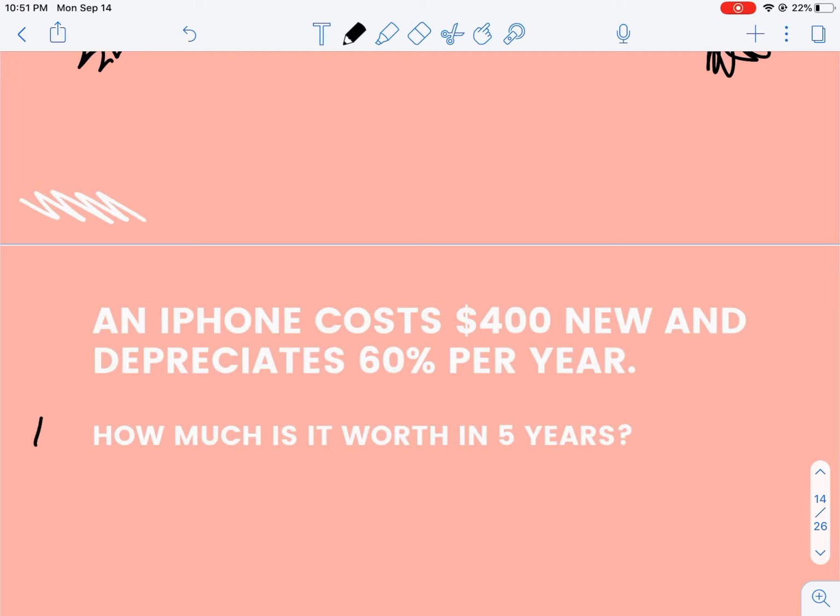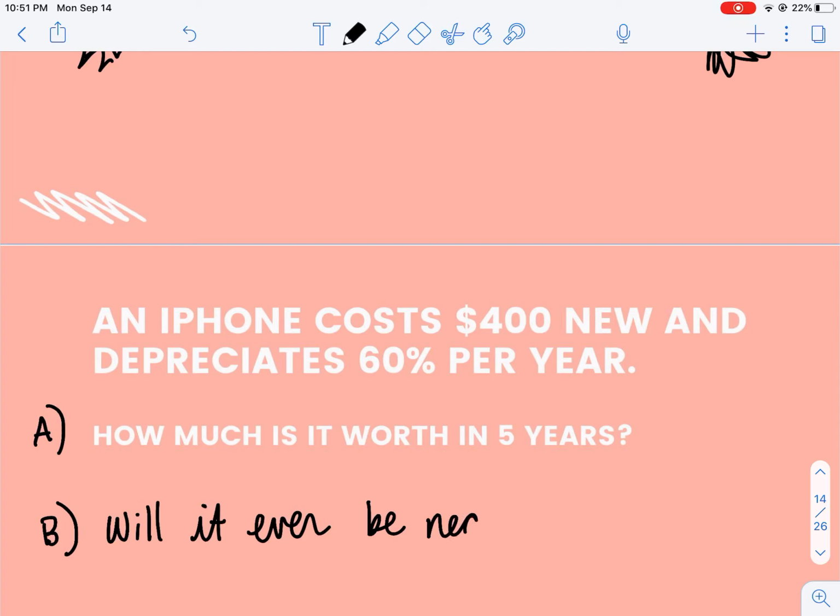So this is part A. And part B of the question is, will it ever be worth a negative amount of money? Will you have to pay someone to take an old iPhone off of your hands?